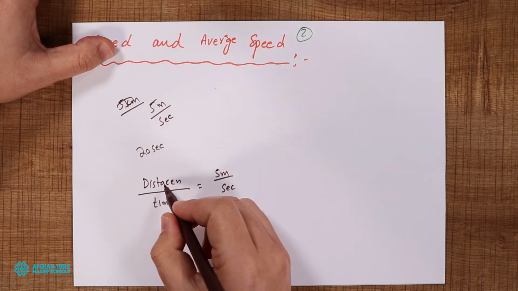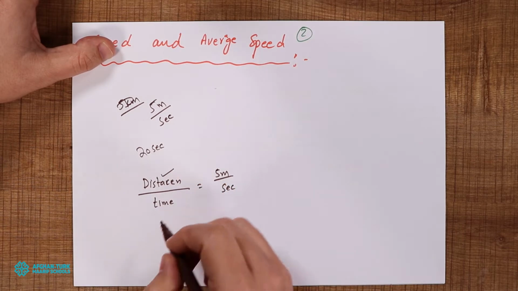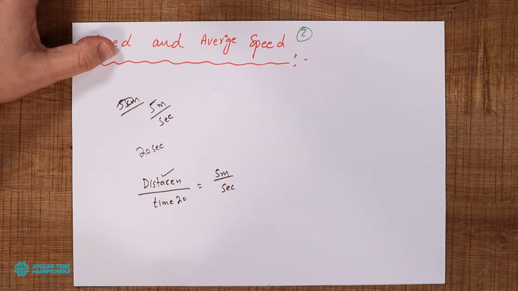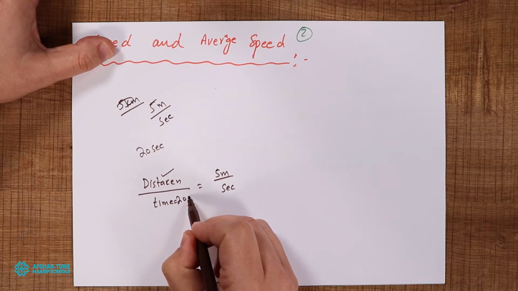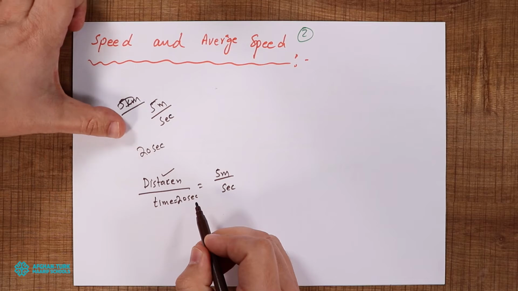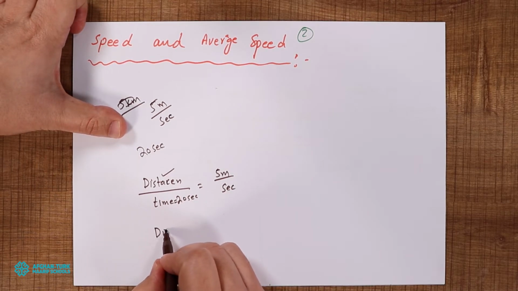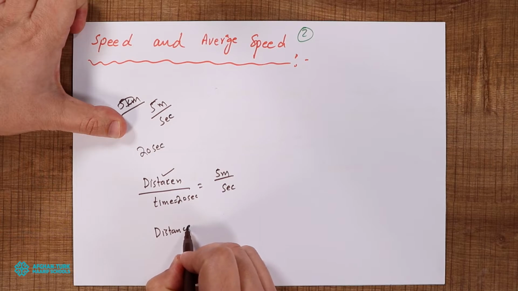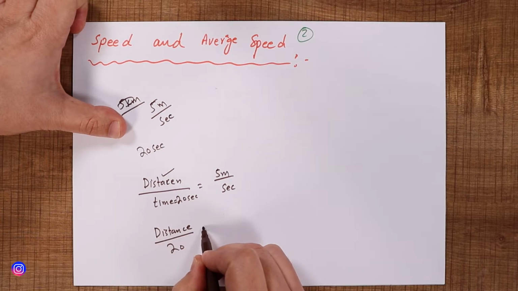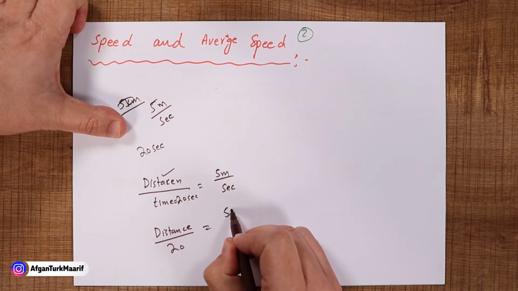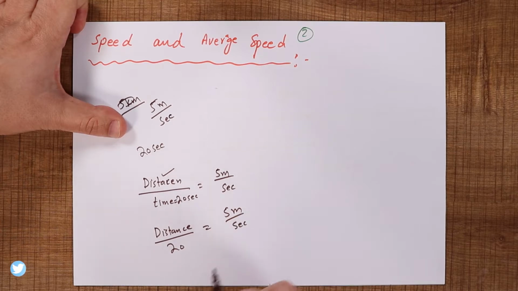Now we find the distance if the time is 20 seconds. Putting in the values, distance divided by 20 is equal to 5 meter over second.